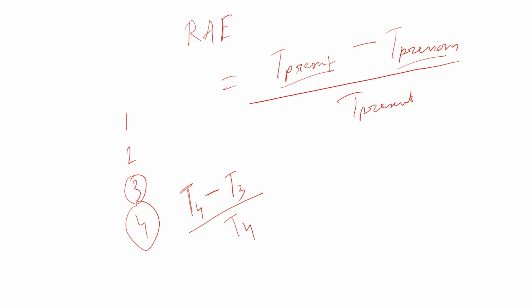Now you minus T3, the temperature in the previous iteration. And then you divide it by the present temperature, the temperature after you have computed the present iteration. And then you take the modulus, that means the absolute value, and multiply it by 100. So it will give the percentage relative absolute error.